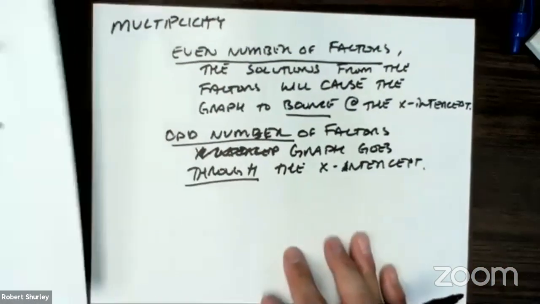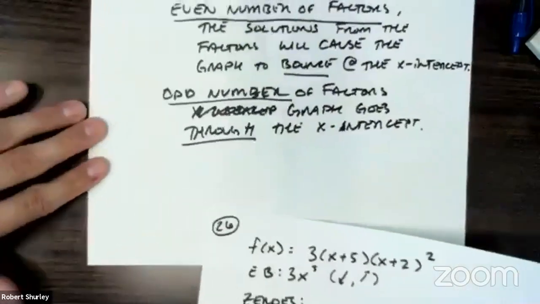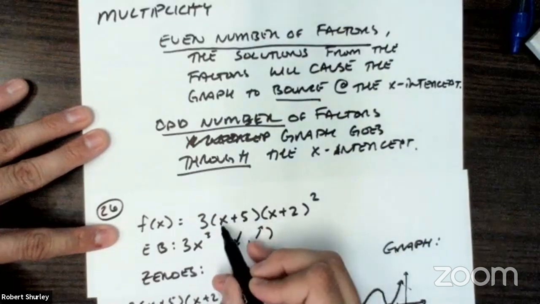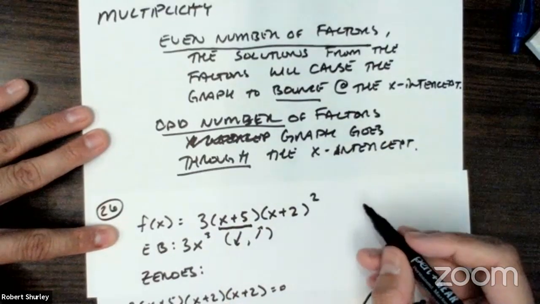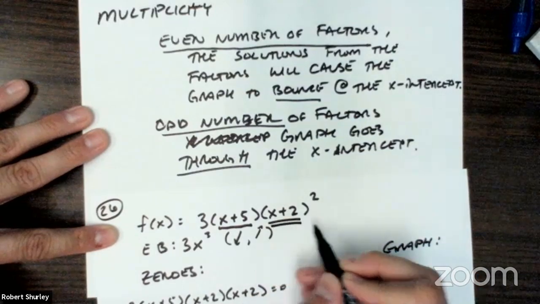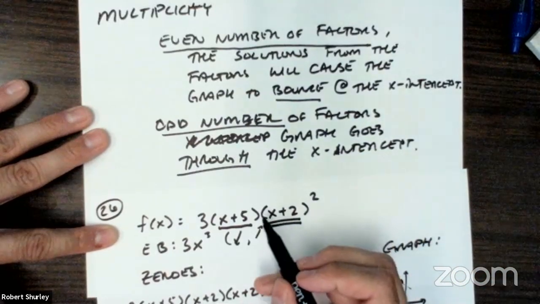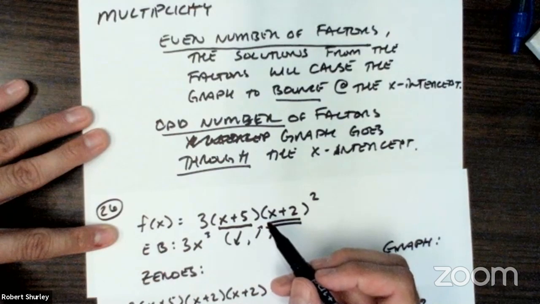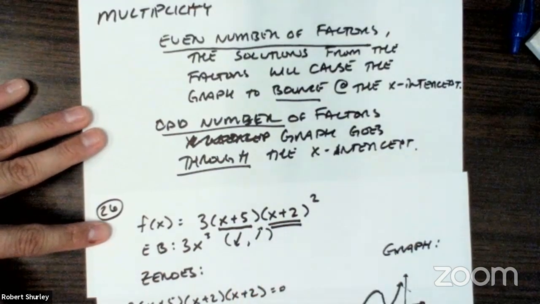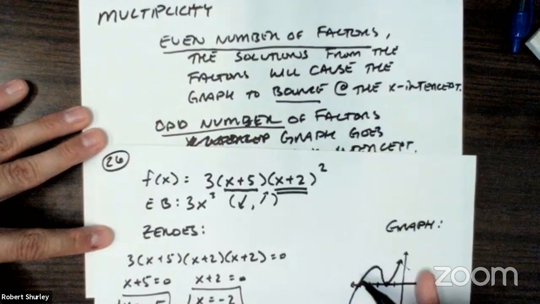So like if we look back at this example, notice we have one factor of x plus 5, and we have two factors of x plus 2. Because x plus 5 happens once, we're going to go through the x-intercept that's created by it.